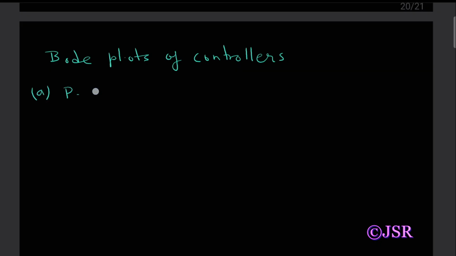Now coming to the section, that is Bode plot of controllers. So let's say first P controller. For P controller, the transfer function is Kc.